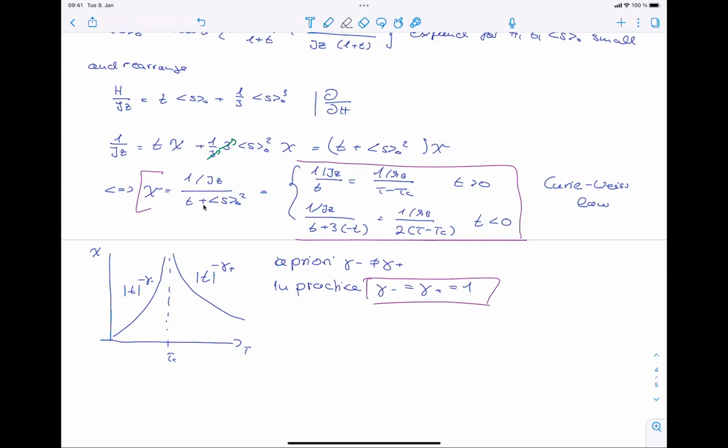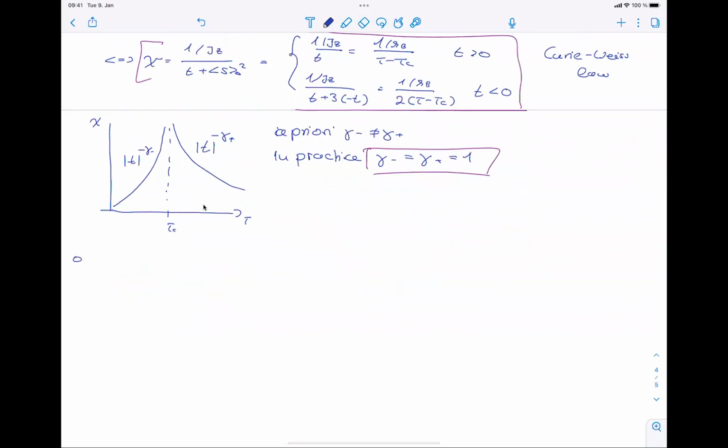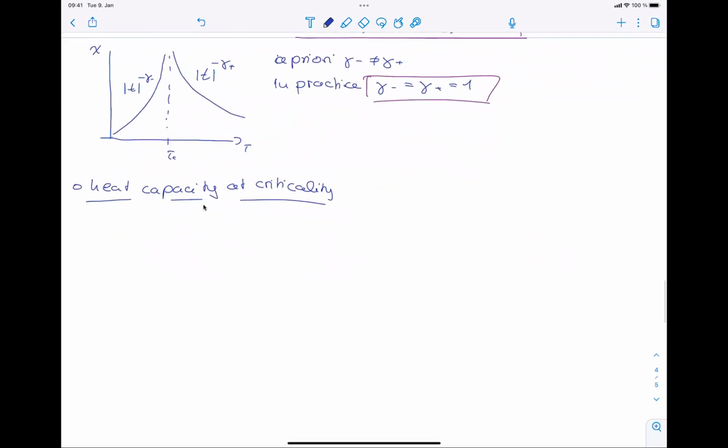Okay, so that's the one response function that we're typically interested in. And as I said, the other one is to look at the heat capacity at criticality. And so that's defined as minus T, and now explicitly stating the second order derivative of the free energy with respect to the temperature at constant field.